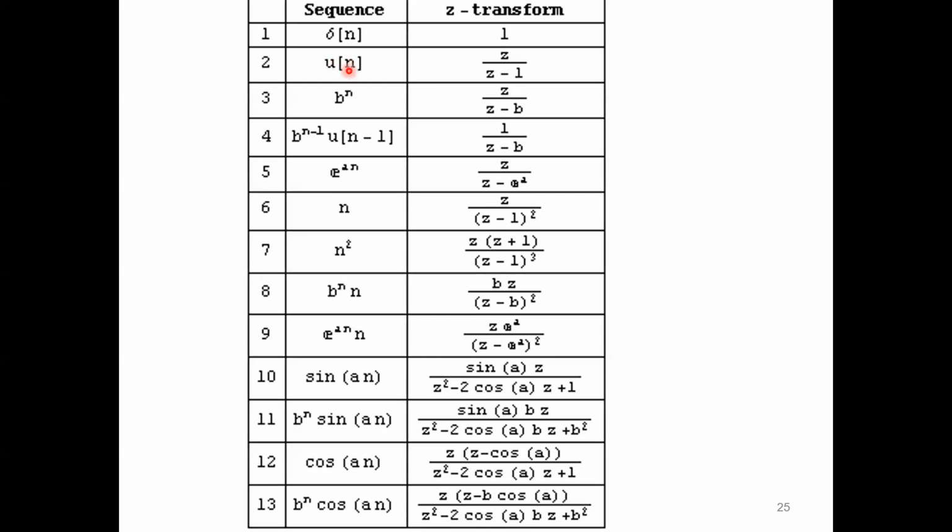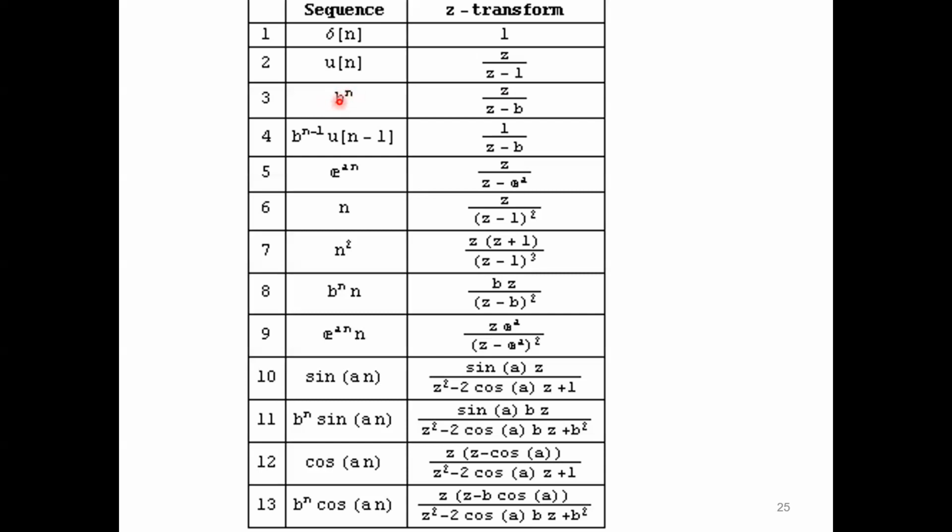Now, rather than having constant amplitude, 1 for every n, you have different amplitudes for different n, different heights. So it is an exponentially increasing or exponentially decaying set of samples.